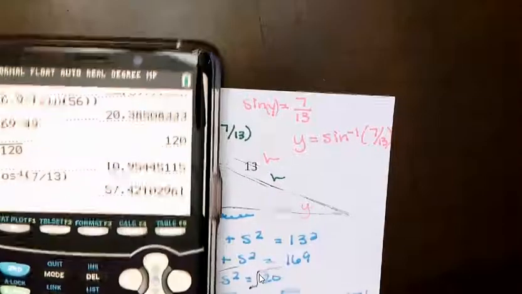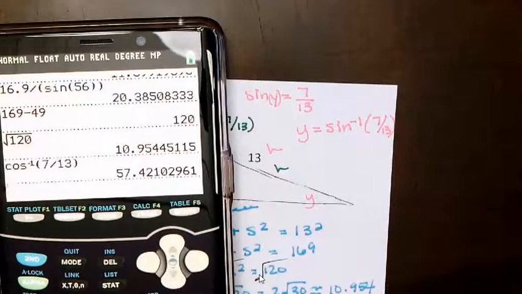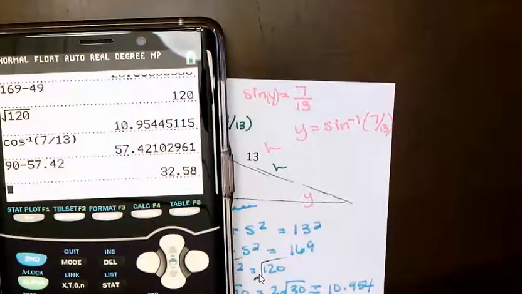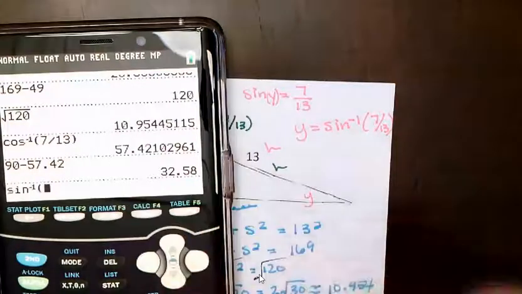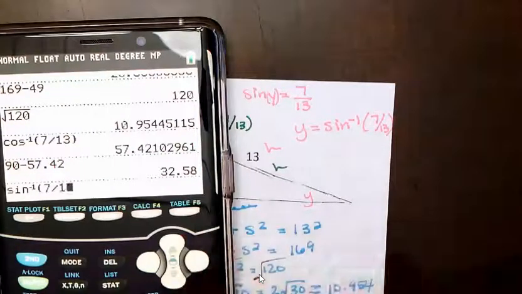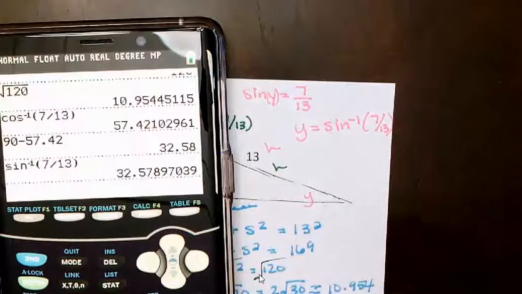And when I do y, I should get the other values. So if I take 90 minus 57.42, I should get 32.58. So what we're going to do is we're going to do the sine inverse of 7/13, and get an answer that is right there when we round.